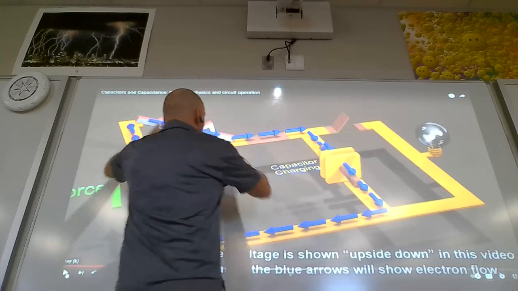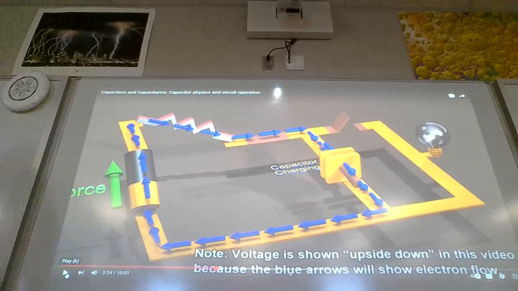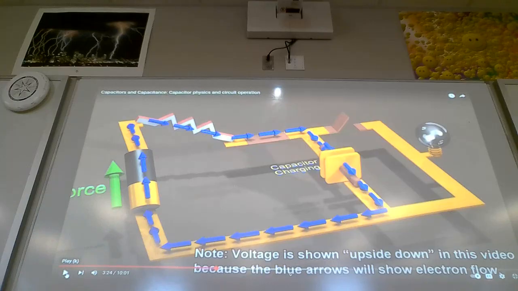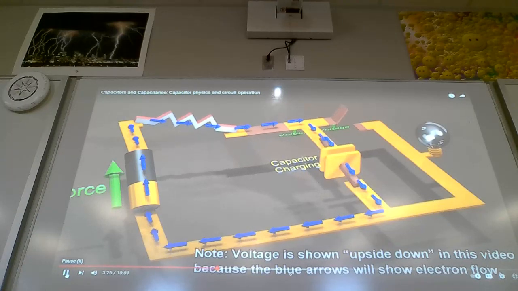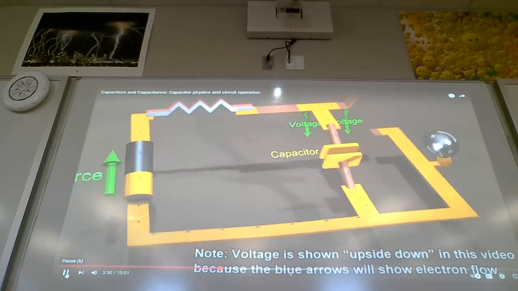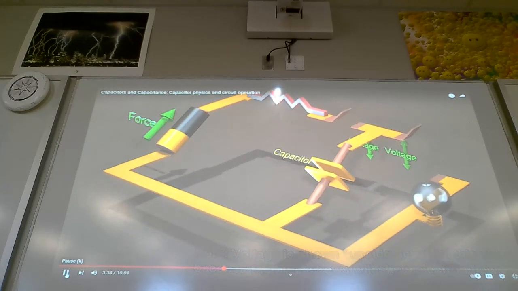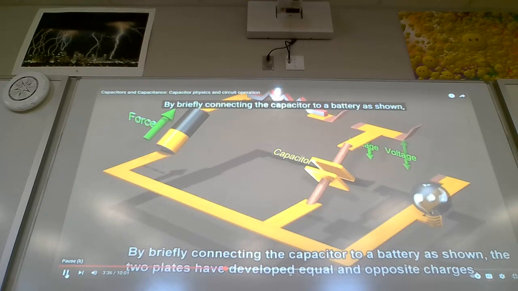You have a big voltage drop here and none there, but over time, they flip-flop. So at that point, there's no flow because the voltage across the capacitor matches the voltage across the battery.